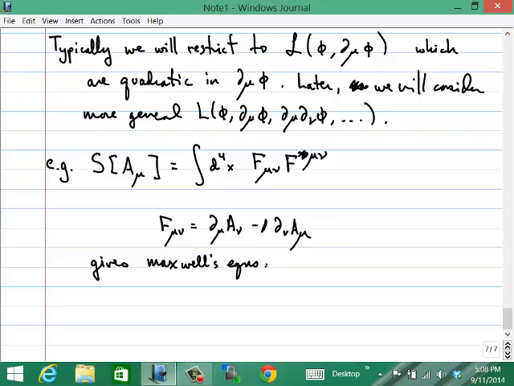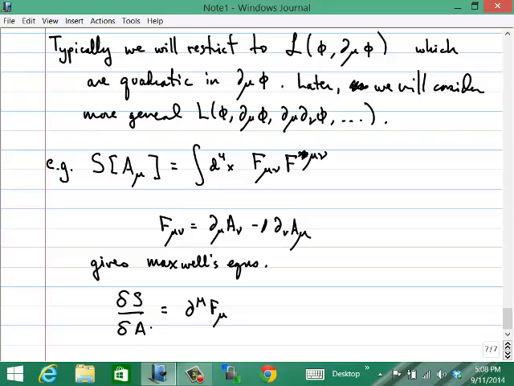So that's something that you'll prove on a problem set. Not this week. I thought the problem set I wrote was long enough this week. In particular, the variation of the action with respect to A mu gives you this half of Maxwell's equations.